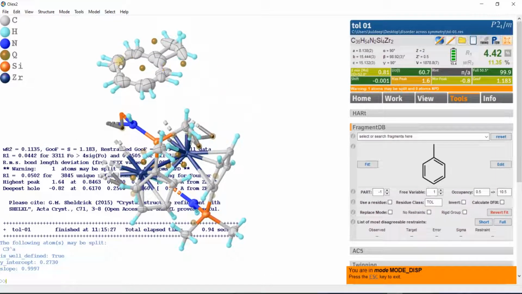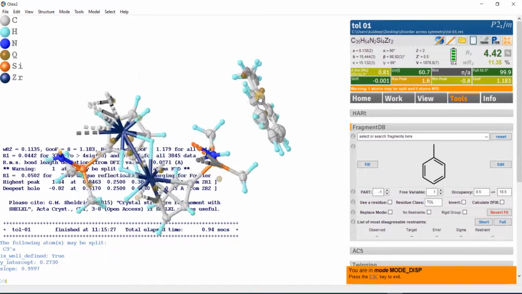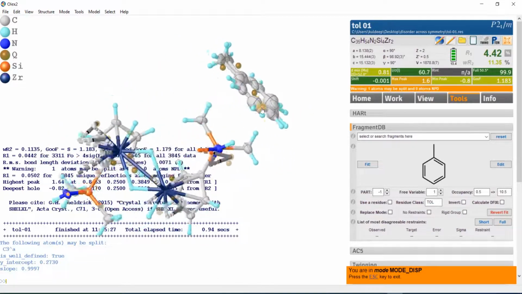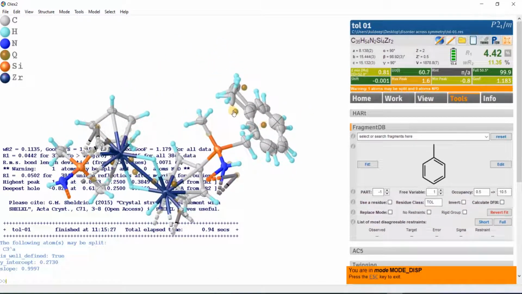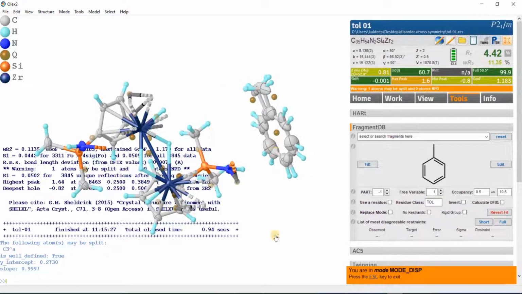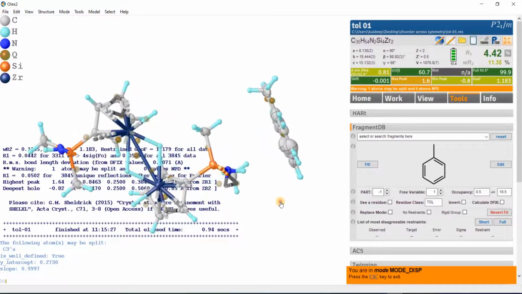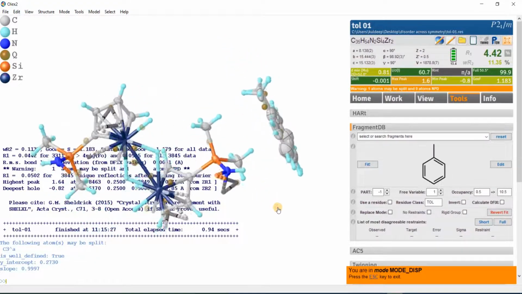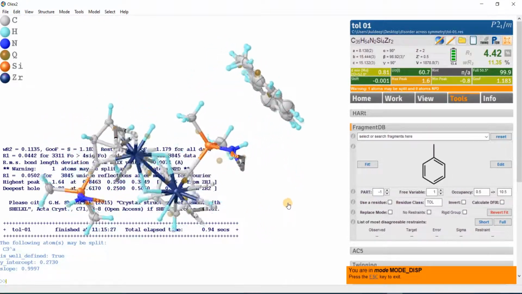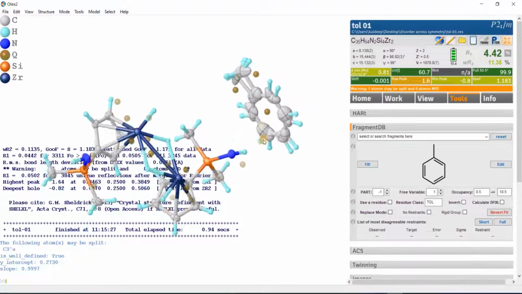These two toluene molecules are lying almost one above the other, and I am still getting some Q peak electron density here. So this is not the correct method to model this type of disorder. In the present case, I have to use some other trick to model this disorder.